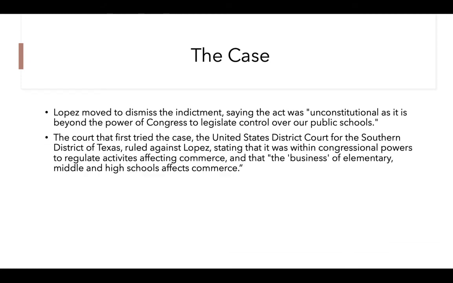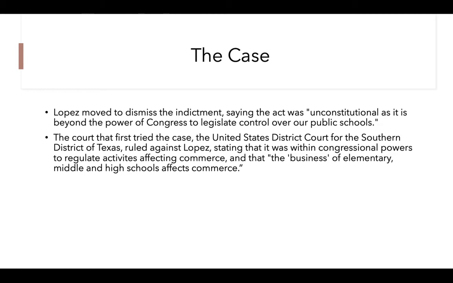Now, the court that first tried this case, the United States District Court for the Southern District of Texas, basically within San Antonio, ruled against Lopez, right? So they're stating on the district level, look, Lopez is wrong, stating that it was within the congressional powers to regulate activities affecting commerce.